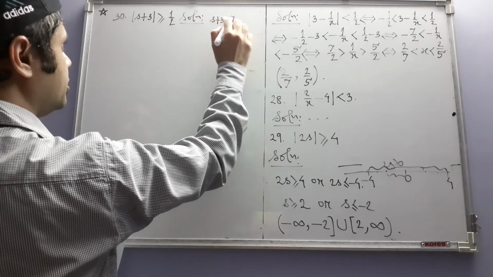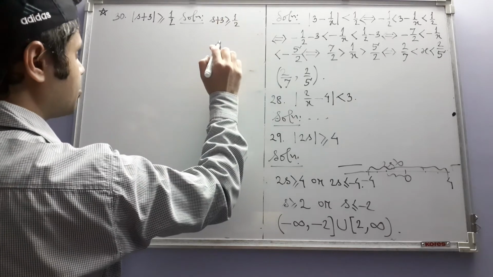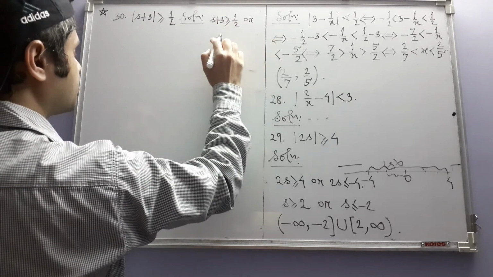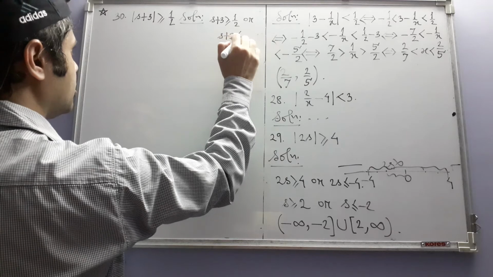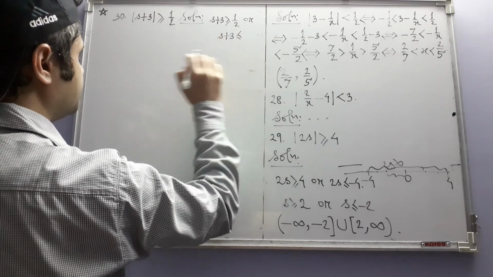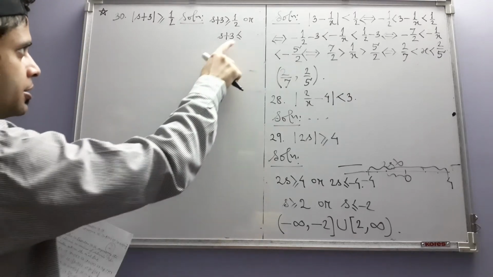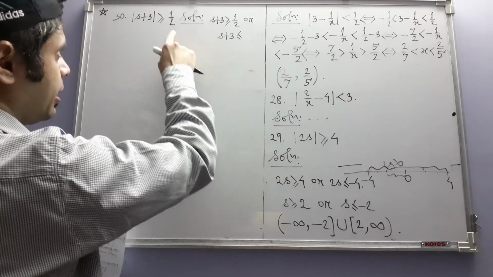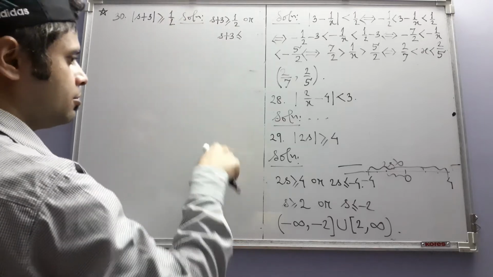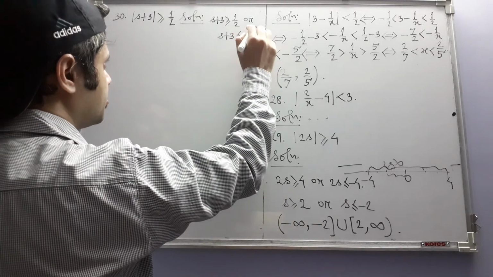Either s plus 3 is greater than or equal to 1 by 2 or s plus 3 is less than or equal to minus 1 by 2. For the second one you change the direction of the inequality, and with the other number you put a minus sign.